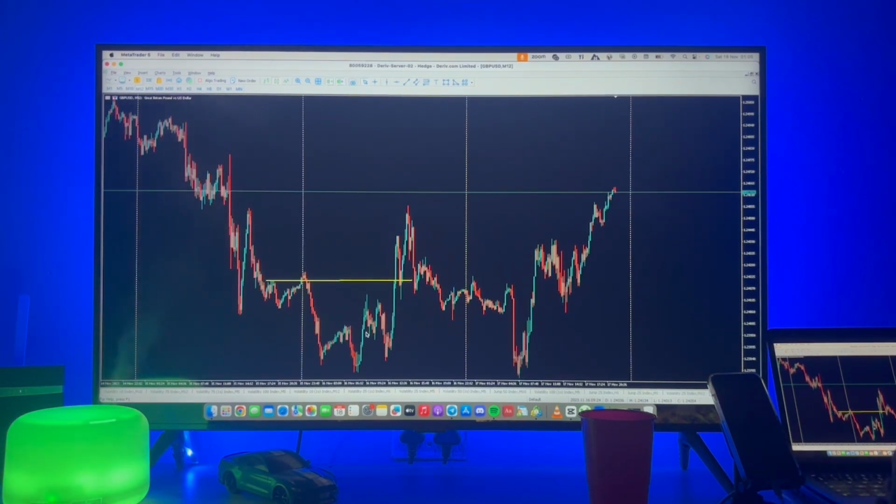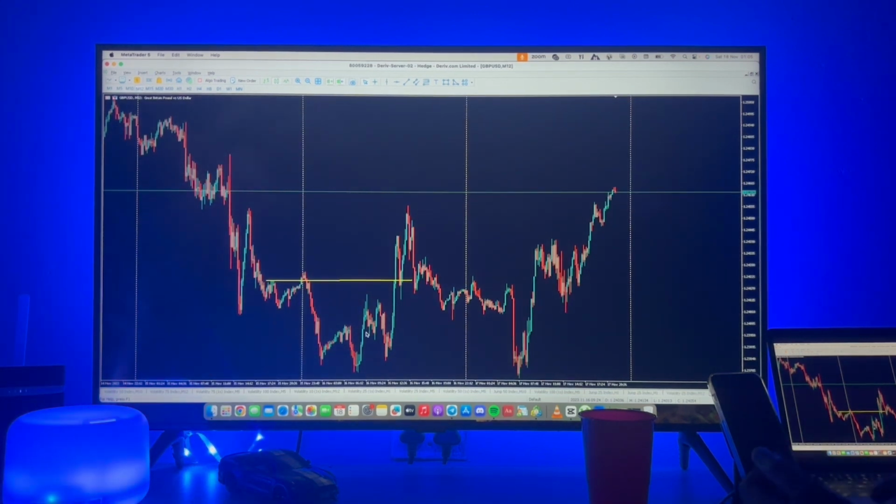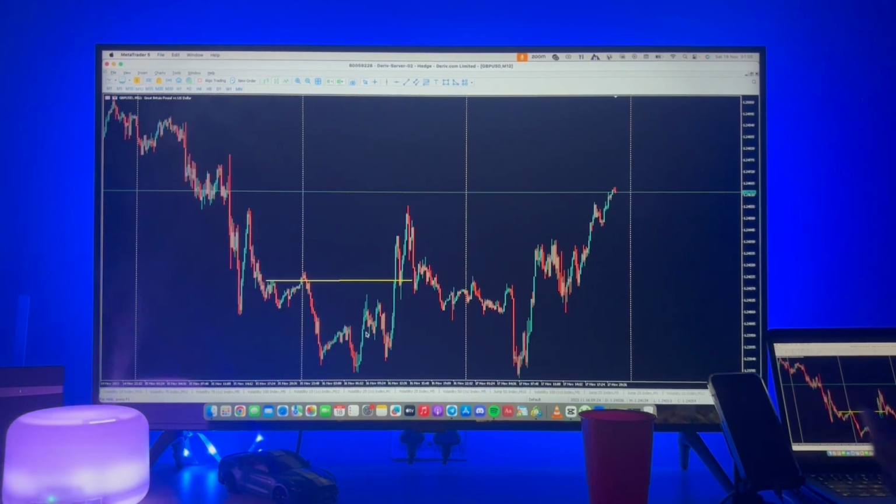Remember, we have the most popular sessions: the Tokyo session, the London session, and the New York session, right? There's an indicator that makes it easier for those of you who struggle to pinpoint these trading sessions. But for me, I already know.